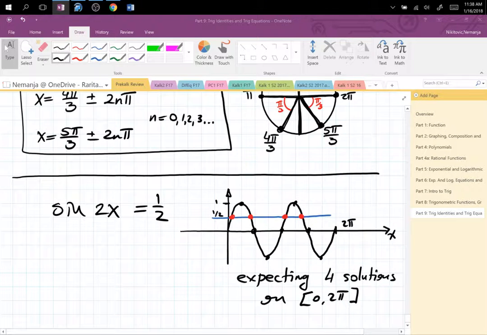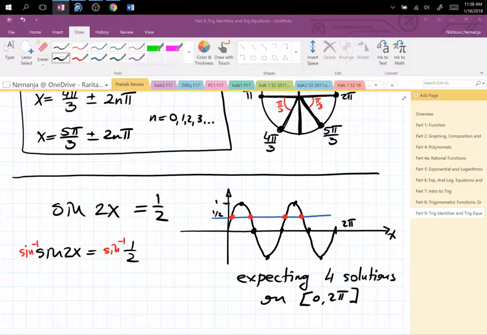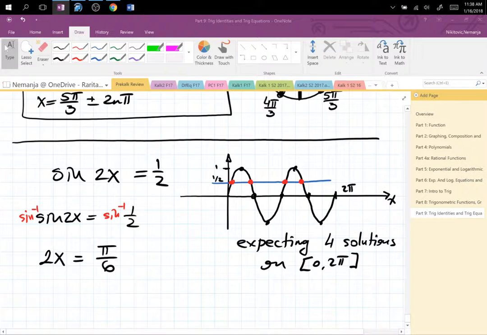All right. Let's try and find them. We know the drill. Sine 2x is equal to 1/2, and then we hit both sides with the inverse sine. What you get now is that the 2x is equal to pi over 6. See that?